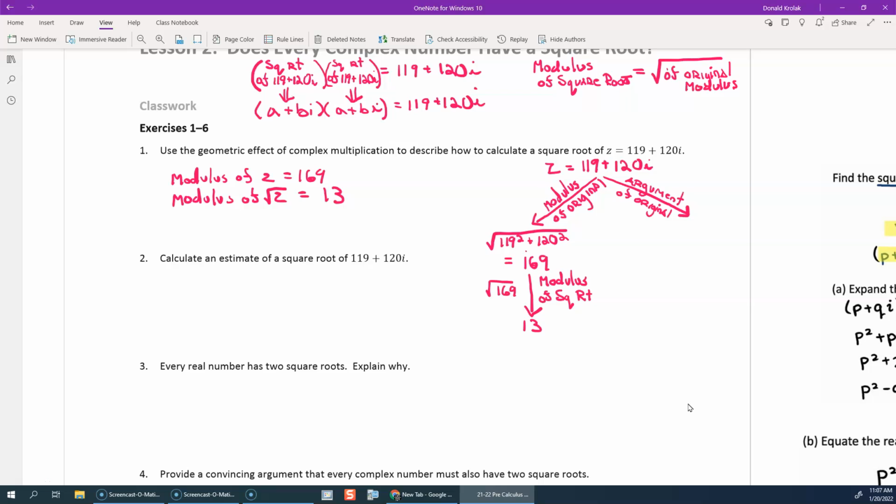And what we talked about earlier was the argument of the square root is equal to the original argument divided by 2.